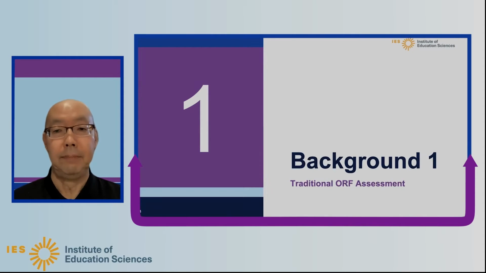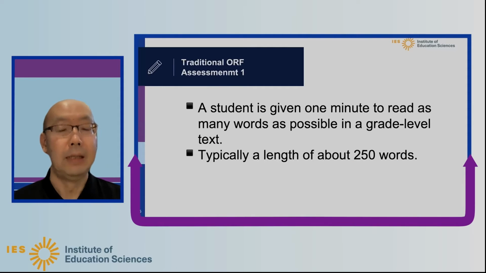All right, the background of the traditional ORF assessment. First of all, ORF assessment is very popular among education researchers, including the IES projects. In the traditional ORF assessment, a student is given 1 minute to read as many words as possible in a grade level text, typically about 250 words long.